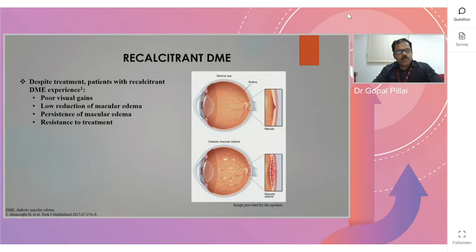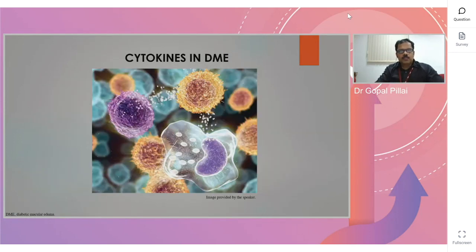But when we look at poor visual gains, there may be a lot of anatomical factors which would lead to poor visual gains, like an alternate problem, like an optic nerve problem, or a scar, or outer retinal damage, or even a hard exudate plaque. Actually, low reduction of macular edema and persistence of macular edema are the key factors which cause resistance to treatment in recalcitrant diabetic macular edema.